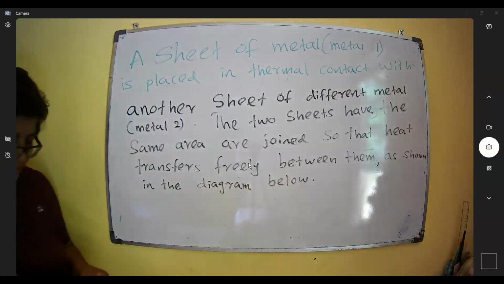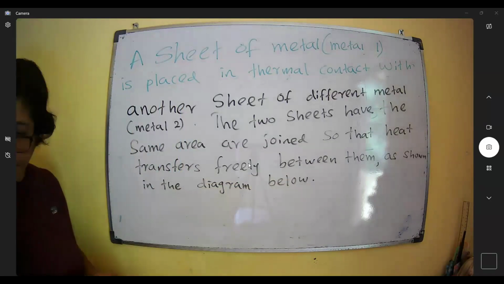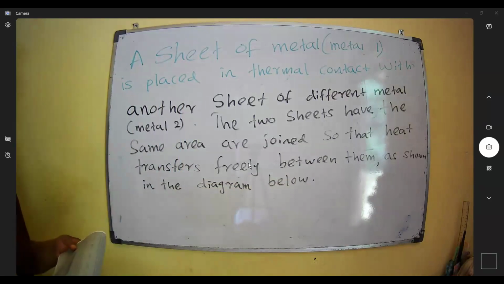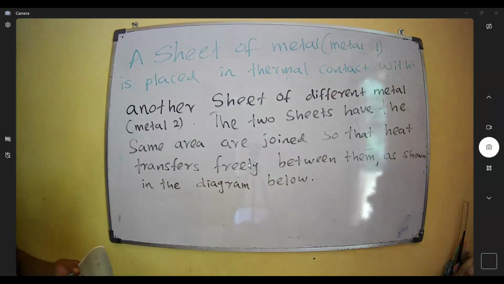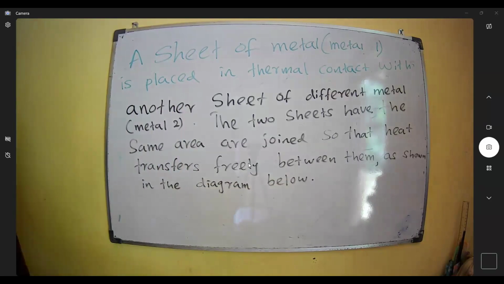Right? The diagram is given with metal 1 and metal 2. The sheet of metal 1 is placed in thermal contact with another sheet of different metal. The two sheets have the same area and are joined so that heat transfers freely between them, as shown in the figure.